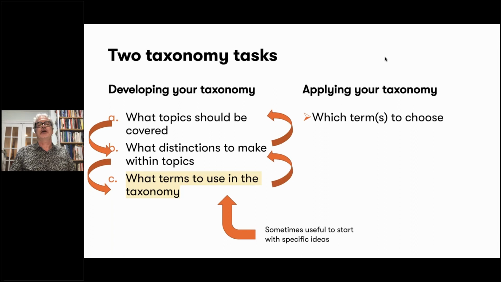So you will find this is an iterative process. As you start to work through these decisions, you will realize that each of them influences the others, and you'll continually refine the topics and the distinctions and the terms.